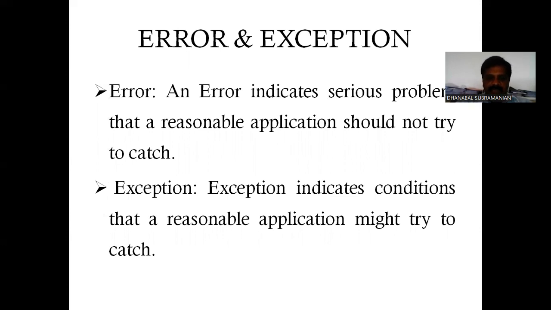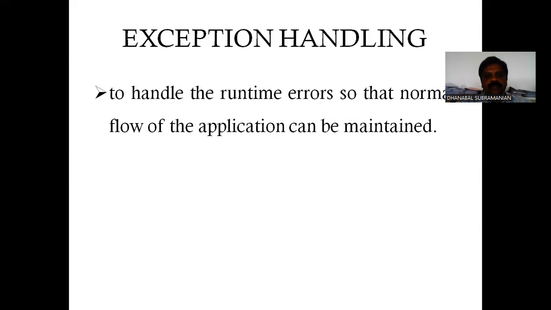An exception indicates conditions that a reasonable application might try to catch. So this is the main difference between error and exception. The next topic is exception handling. What is exception handling? It is to handle the runtime errors so that the normal flow of the application can be maintained. So the normal flow of execution we have to maintain.